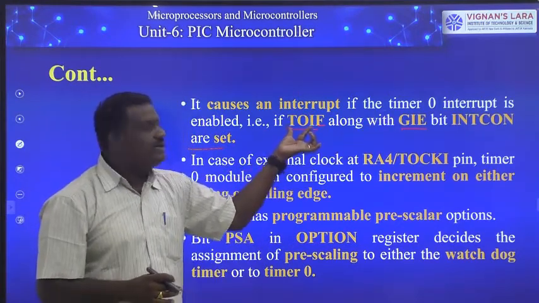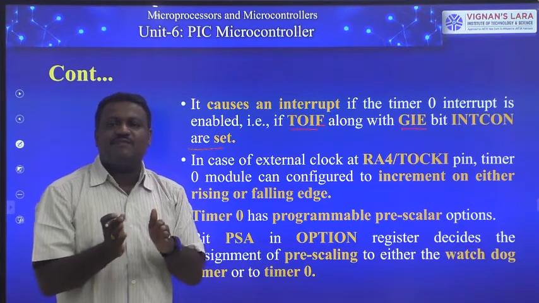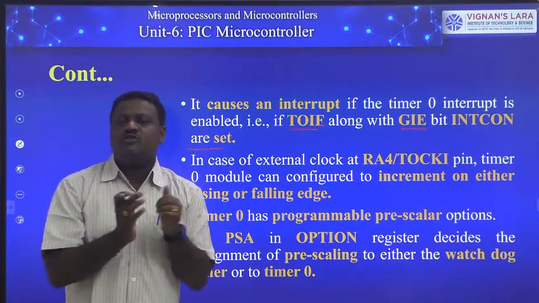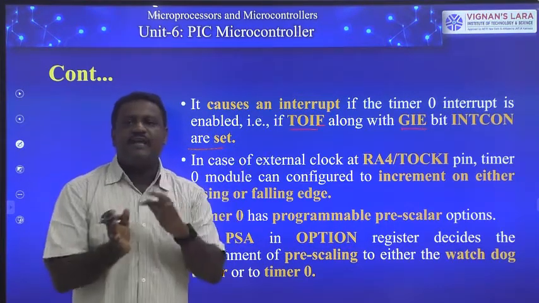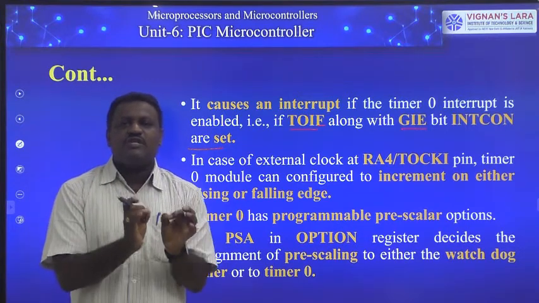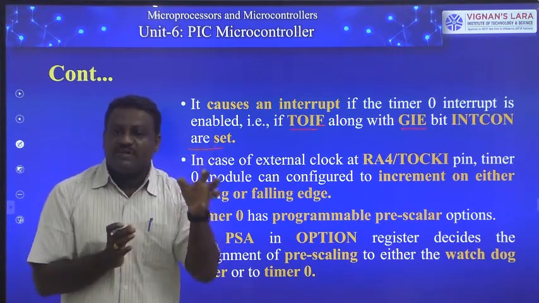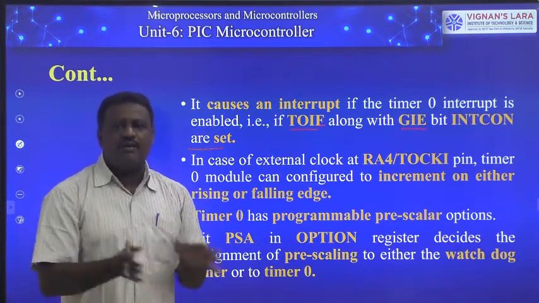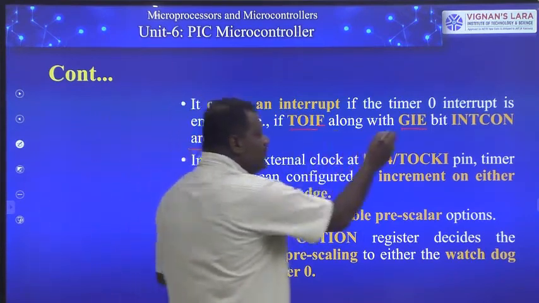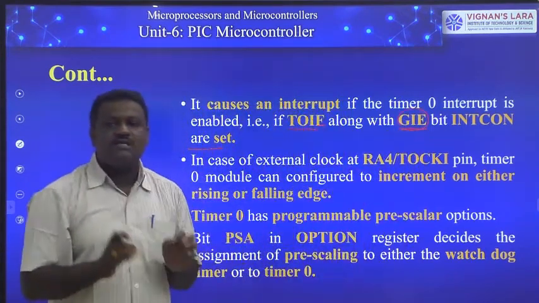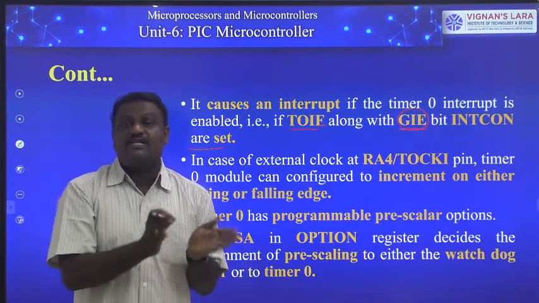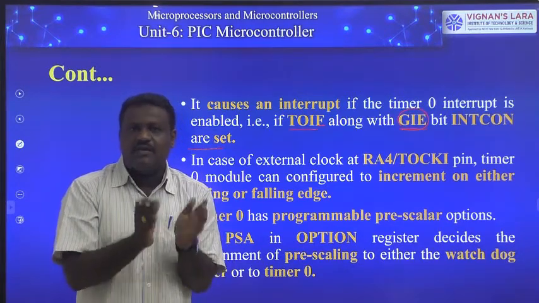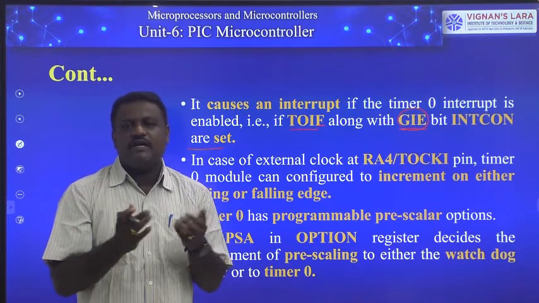What is T0IE? T0IE is the timer 0 overflow interrupt enable bit. It is a control bit. With the help of this bit, we can enable or disable the timer 0 overflow interrupt. The interrupt is considered by the controller only when this bit is set to 1. Along with this, one more bit, GIE, the global interrupt enable bit, must also be set. Then and only then can the timer 0 overflow interrupt be considered by the controller. Otherwise, it can't consider it.